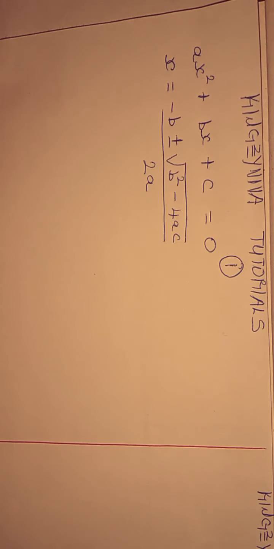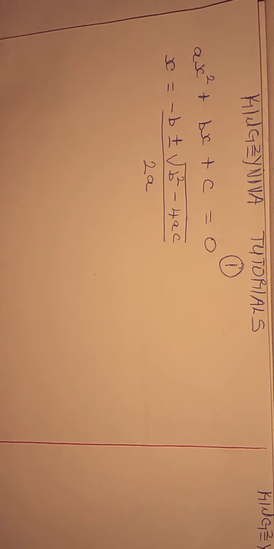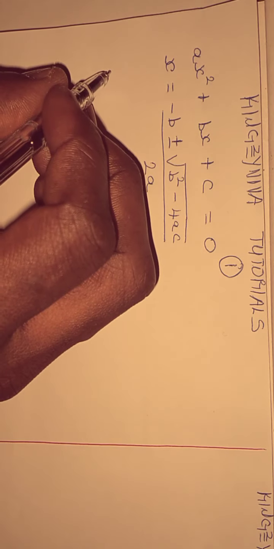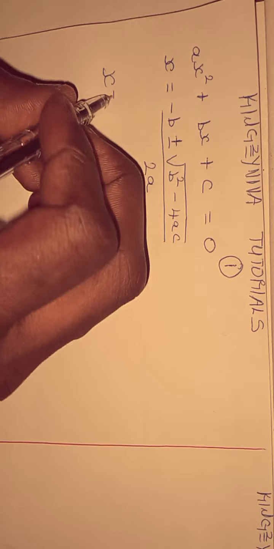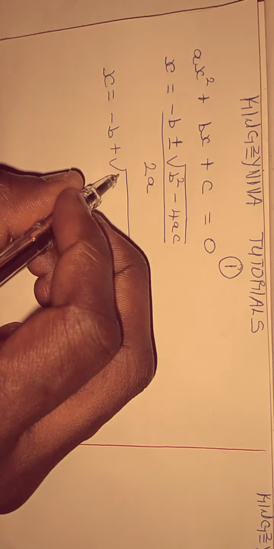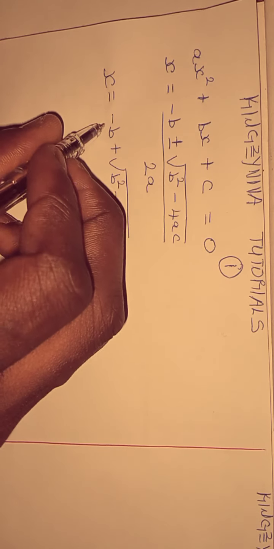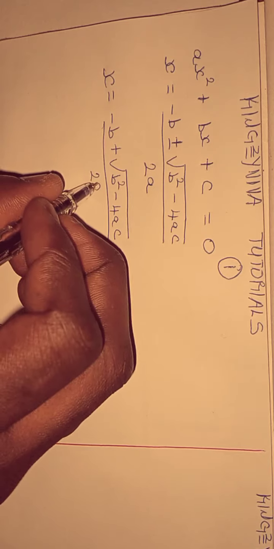We achieve this by solving this equation to find the roots with what we call the completing the square method. So from here, we split this out to give us x is equal to minus b plus root b square minus 4ac all over 2a.